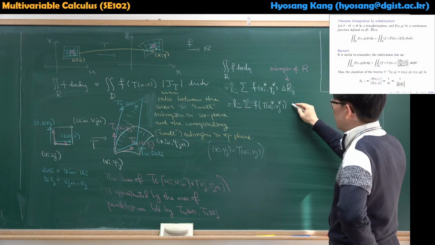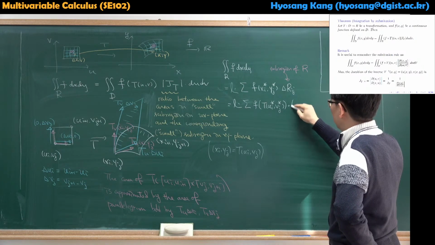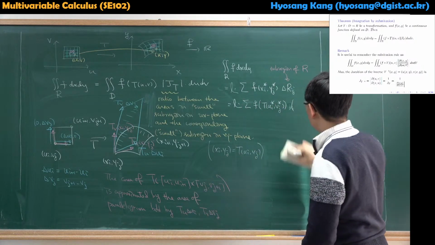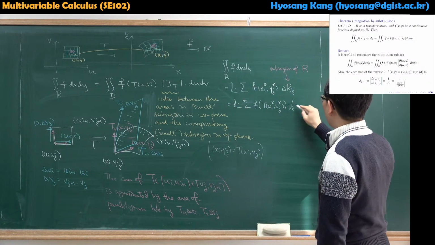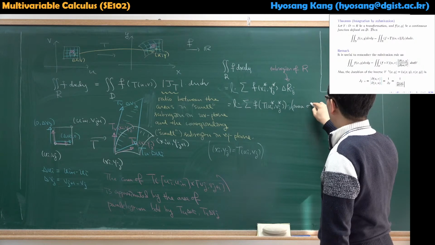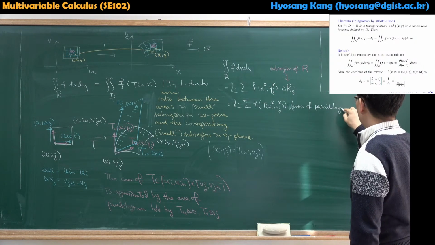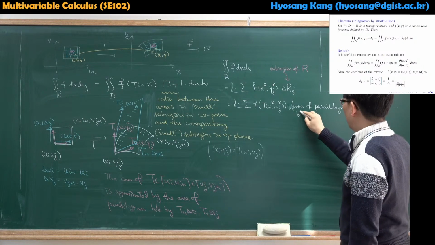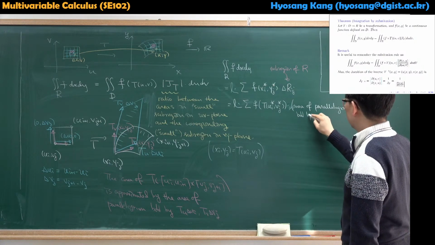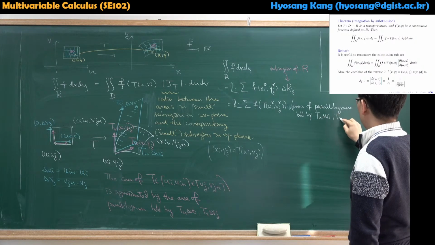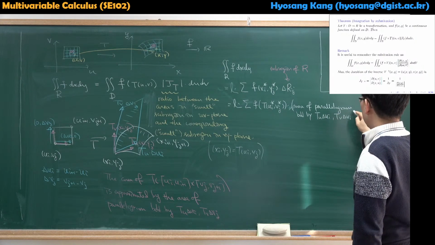If I multiply, this is not the dot product, just the multiplication. Area of the parallelogram bounded by Tu delta ui and Tv delta vj.